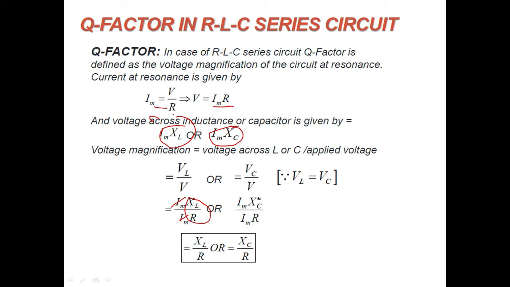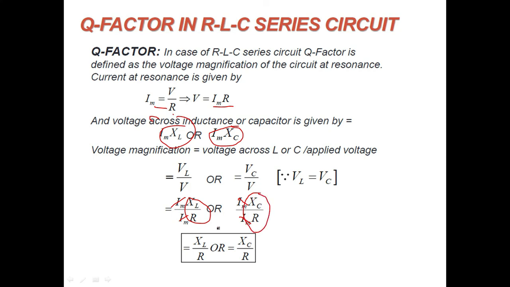Similarly, for the voltage drop across the capacitor Vc and the voltage drop across the resistor R, we have Im into Xc and Im into R. Here the Im and Im get cancelled, and only Xc upon R remains.